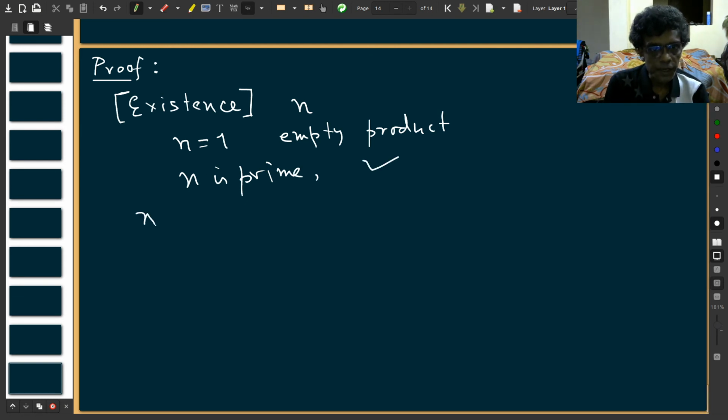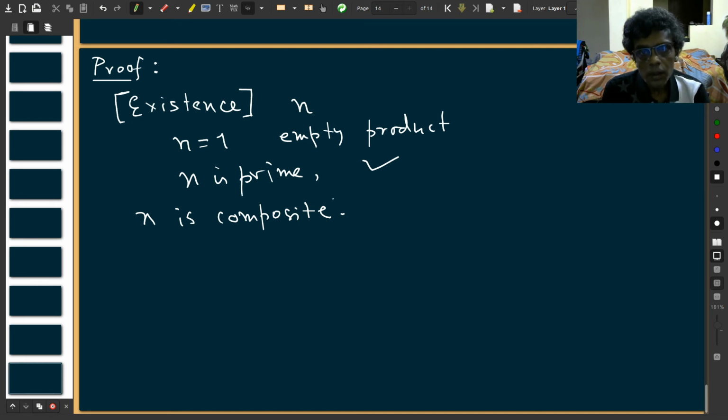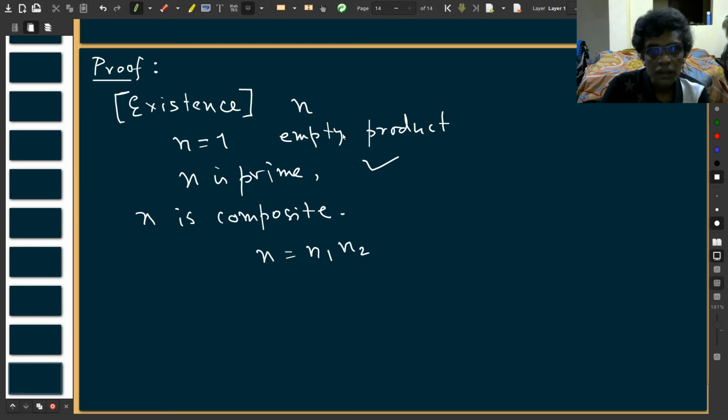So suppose that n is composite. Actually, I am proceeding by strong induction. So this is the basis case. If composite, n can be written as n1 times n2.